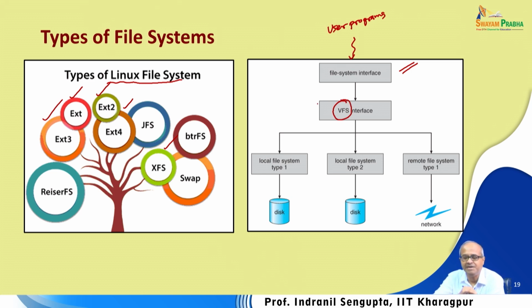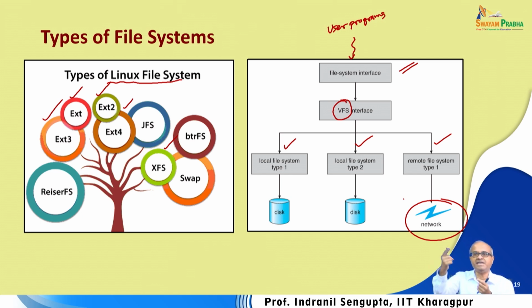And virtual file system in turn has interfaces or special APIs for several different types of file systems. So, that way different kinds of file systems can be integrated together. These file systems can be on disk, it can be a remote file system also. Sometimes over a network, from a server, you can mount a remote file system on your local machine. So, you are accessing them as if it is a local file system, but actually data are getting accessed over the network. So, there are so many different kinds of ways you can access the file system, and this VFS interface provides a uniform interface for you. Okay.